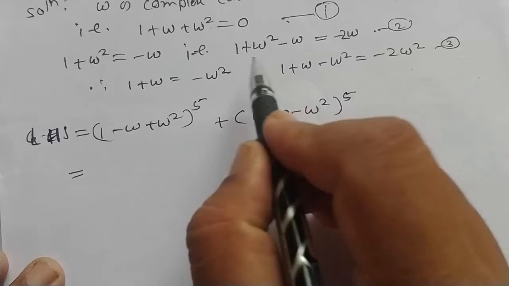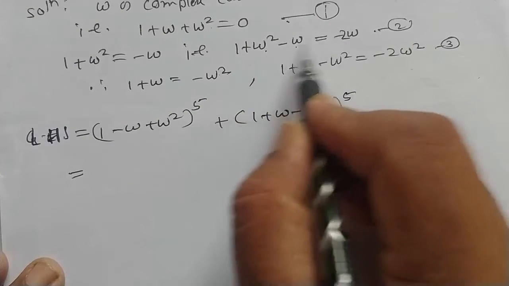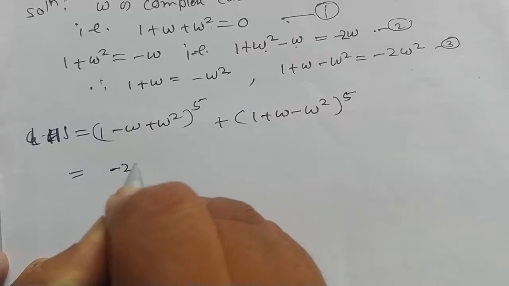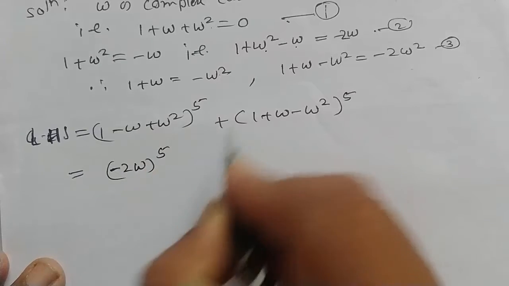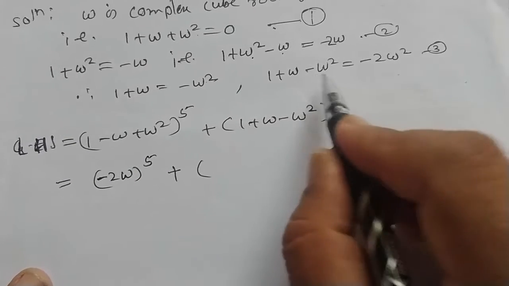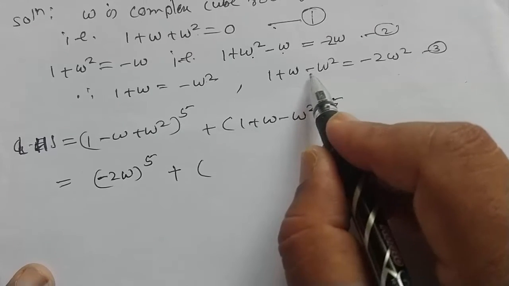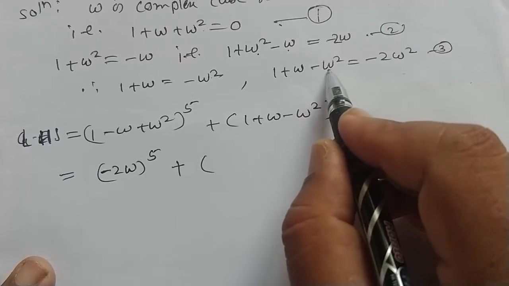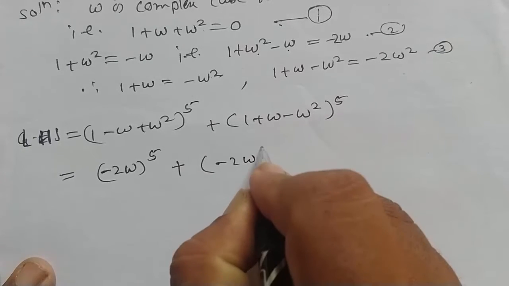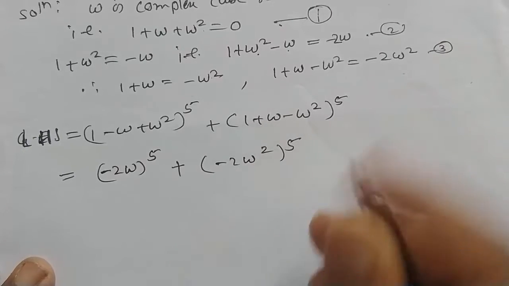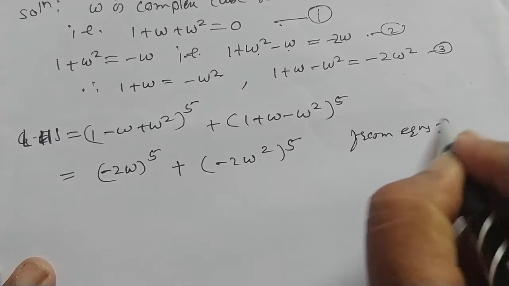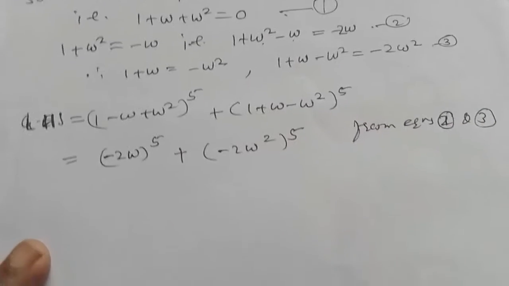Now from equation 2, 1 plus omega minus omega square becomes minus 2 omega. So this bracket is minus 2 omega raised to 5 plus, from equation 3, 1 plus omega minus omega square is minus 2 times omega square. So minus 2 times omega square raised to 5, from equations 2 and 3.